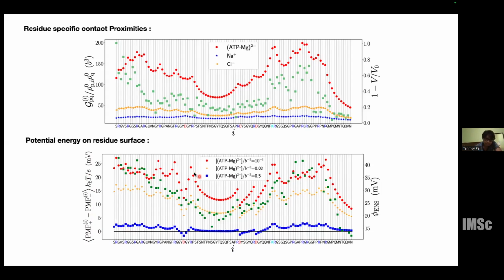Our results are shown in red, orange, and blue for the three different ATP concentrations, and the experimental data is green. Again, the trends are pretty similar, and the numbers are not that bad either. So this exercise shows that, at least for this Caprin-1 phase separation, electrostatics is enough to explain a lot.